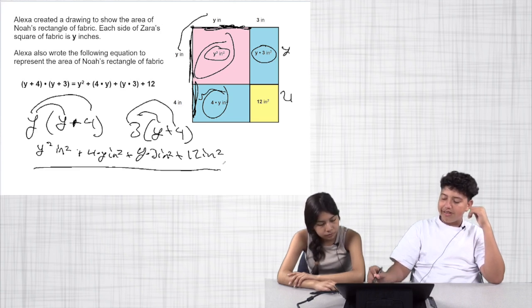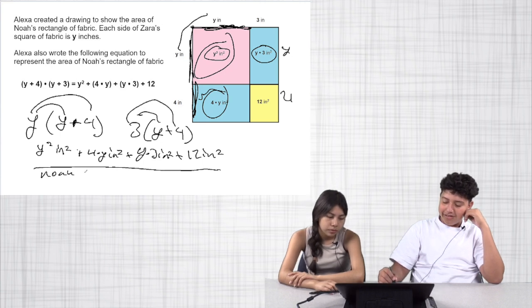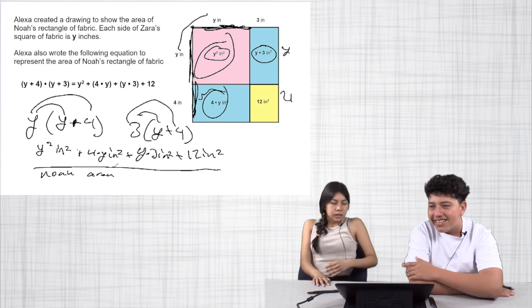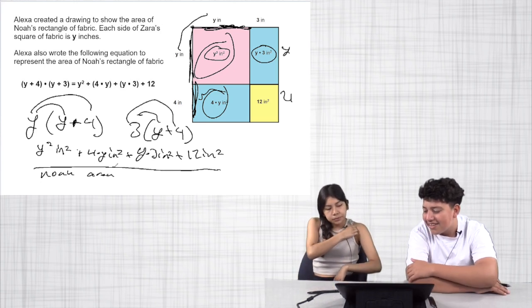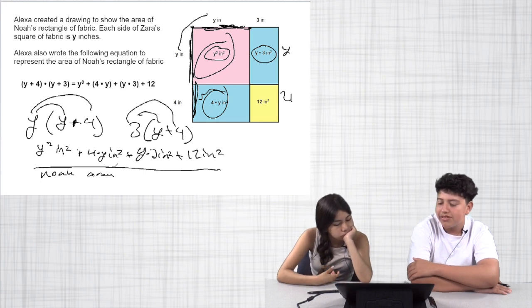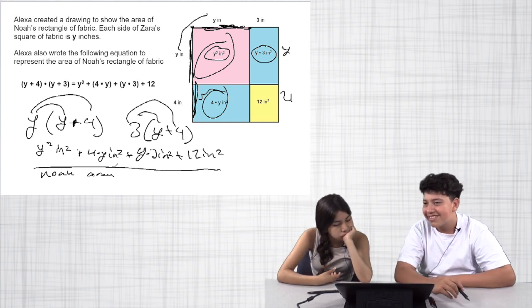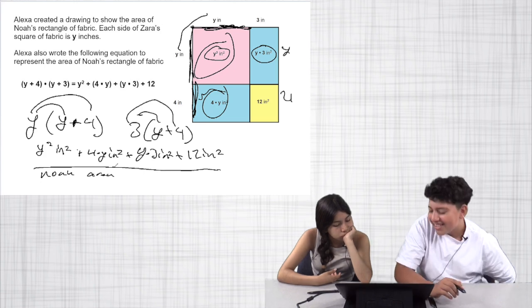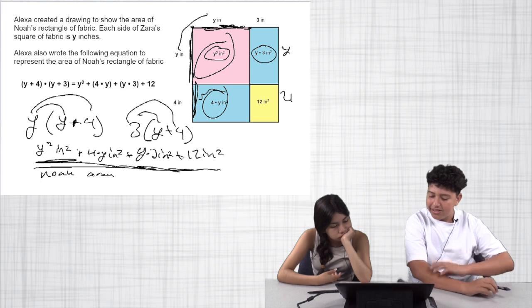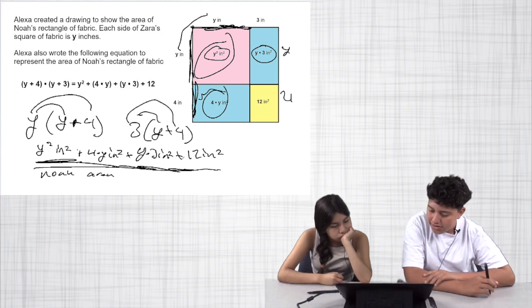Wait, we gotta plus that too. This whole equation is gonna equal what? Noah's rectangle. Noah's area. And can you find what you just underlined up in the first equation? Do you see it? Can you see it in Alexa's equation also?